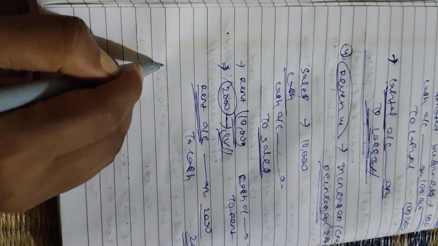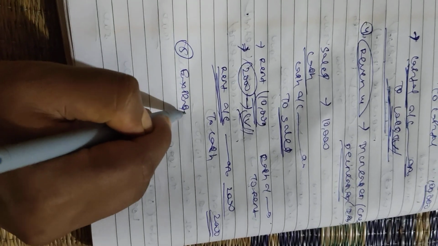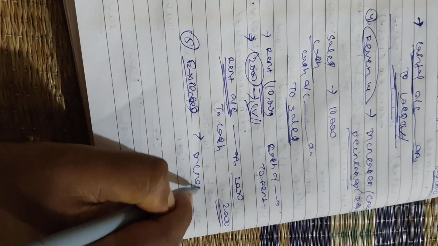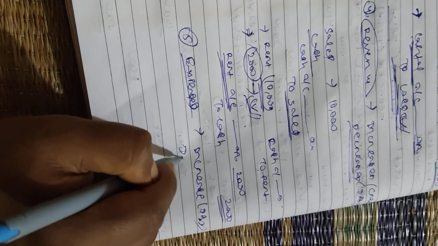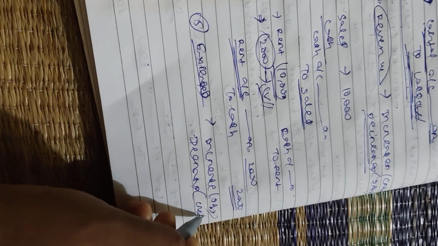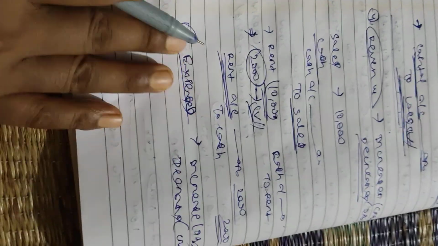The next one is expenses. In this case, if it increases, it will be debit, if it decreases, it will be credit. We can take an example.